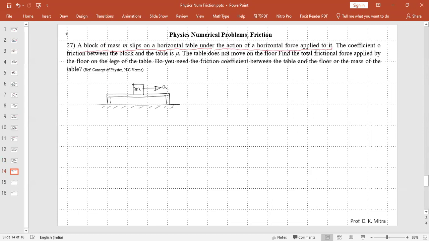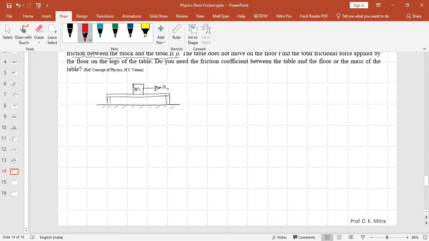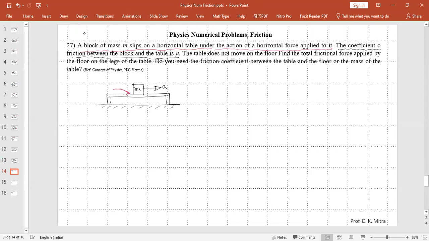Say this acceleration is A. It says the coefficient of friction between the block and the table is mu. That means coefficient of friction here is mu. Also says the table does not move. The table is fixed. This table is so heavy, it does not move.